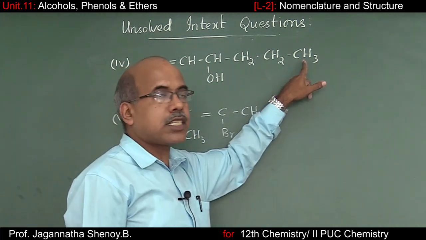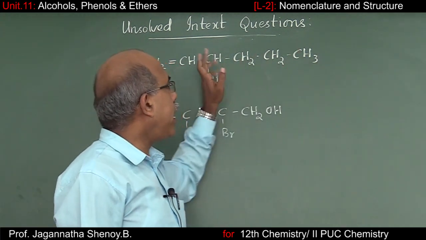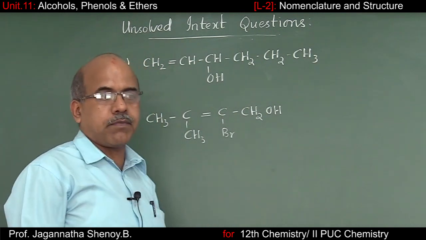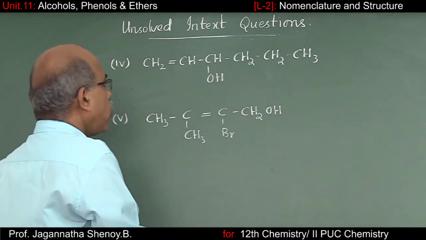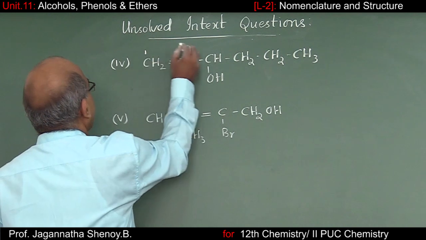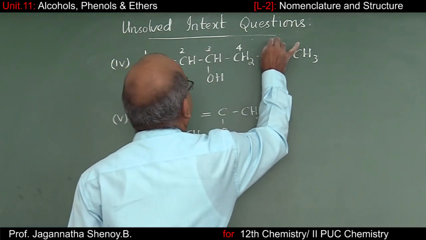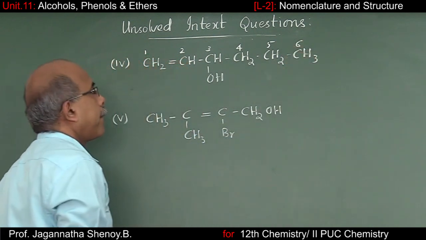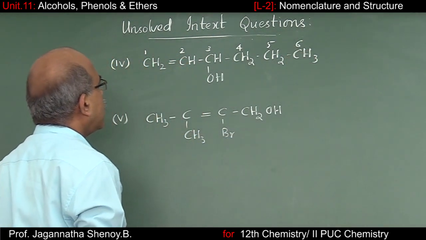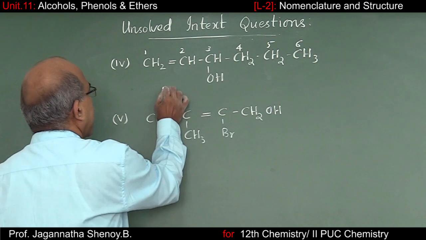On the other hand, if we start from right to left, on the fourth carbon atom we'll have OH group. So what's the correct numbering system? 1, 2, 3, 4, 5 and 6. Right? So 6 carbon atoms, hex.